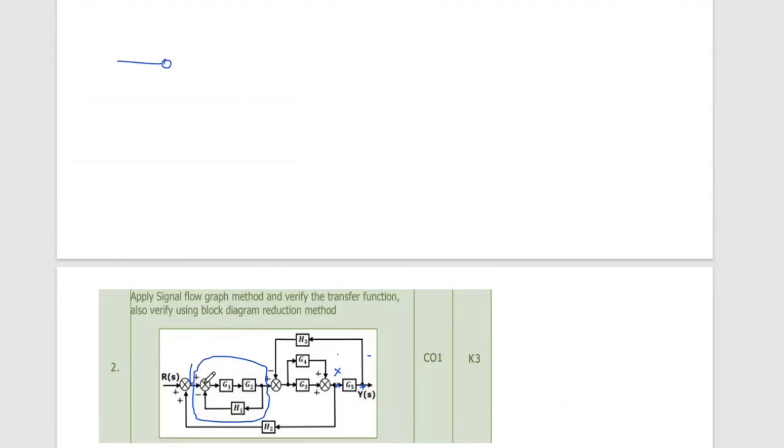These two points can be the same point or two different points. It doesn't make a difference, but let me put them as different points. Then you have G1, G2. This is having a loop here, H1.